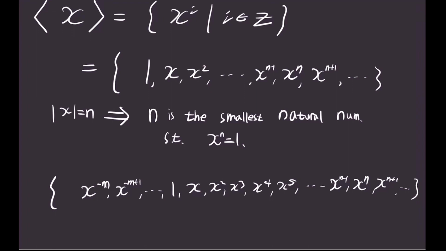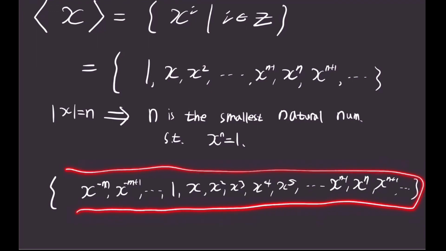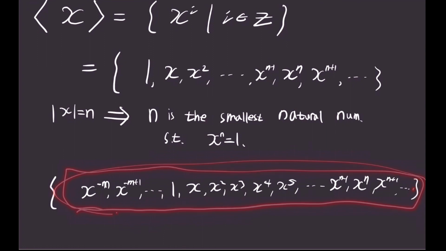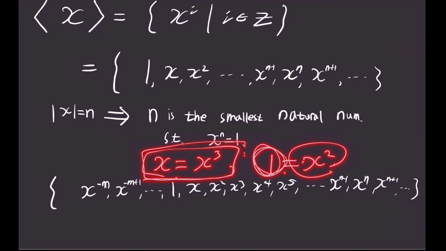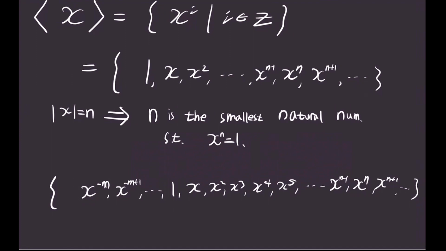Well, now I focus on this structure. Okay, let's see. I write as many elements, right? If x and x to the power of 3 are equal, then the identity is equal to x squared, right?